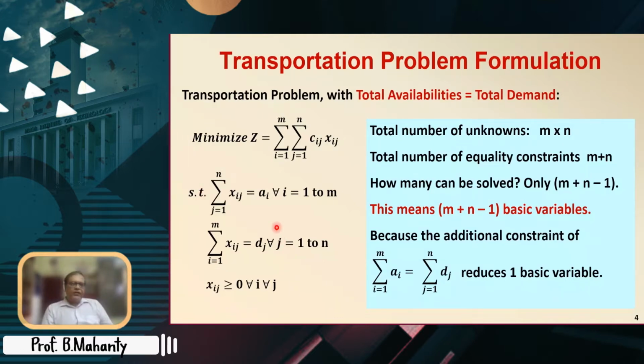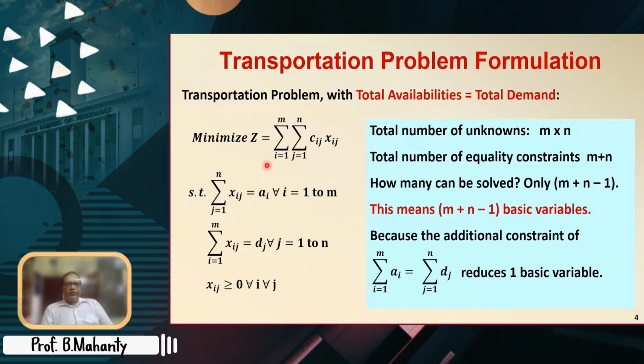And on the demand side, the total amount that is accumulating at a particular demand point should be equal to the demand of that particular destination. So this holds for all destinations, and this for all sources, and x_ij greater than or equal to 0. So this is exactly what we are going to have.